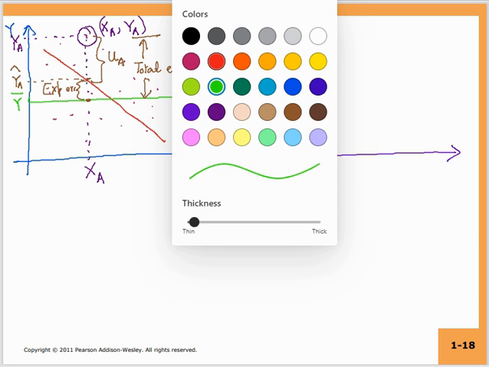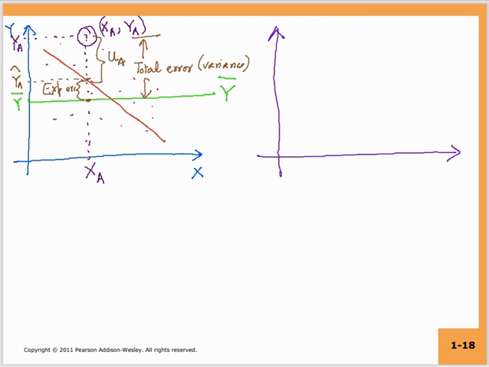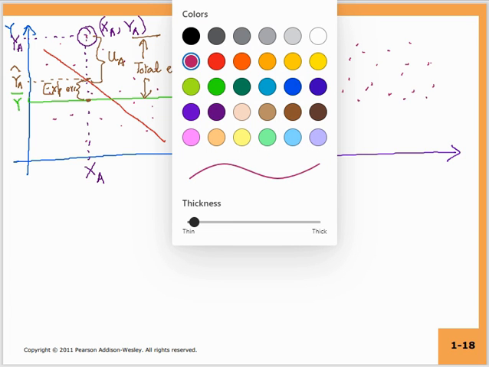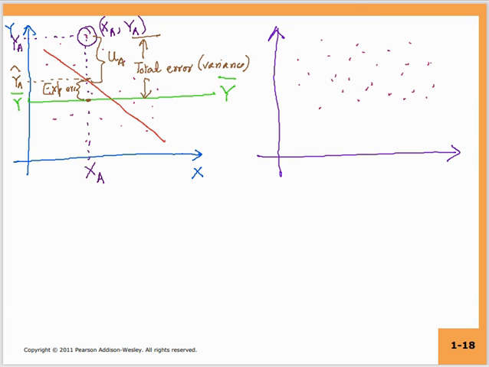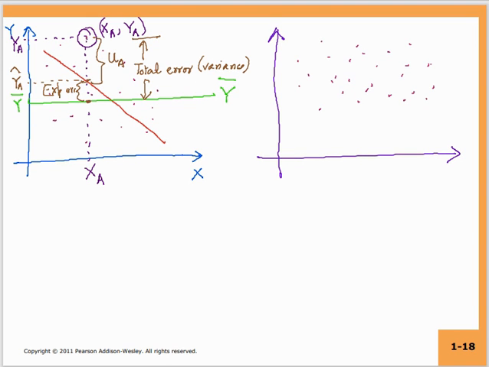So there is no particular trend that you can see in your relationship between, so this is your x, this is your y, and there is no particular relationship that you can see.